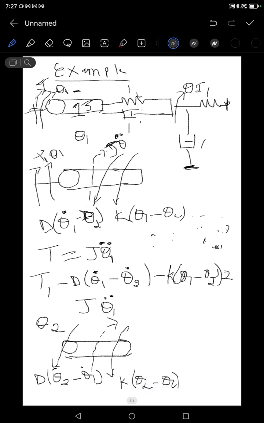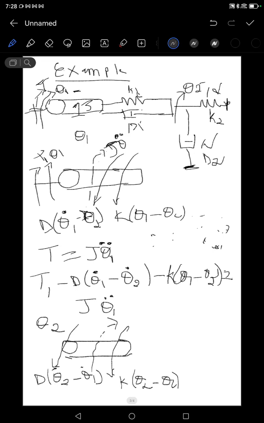And remember, guys, we have this damper and this stiffness, so we're going to call this one K1, this one D1, then this one D2, and this one K2.